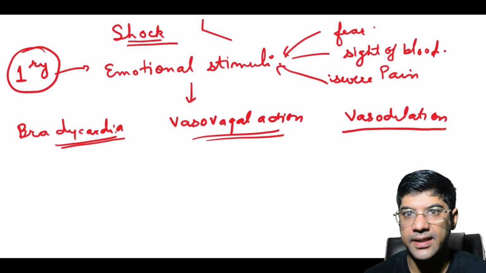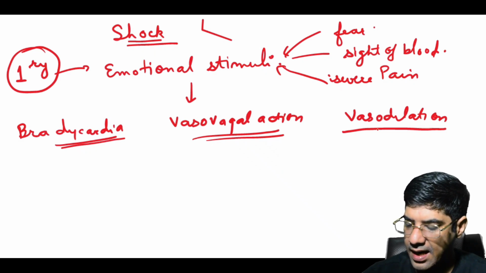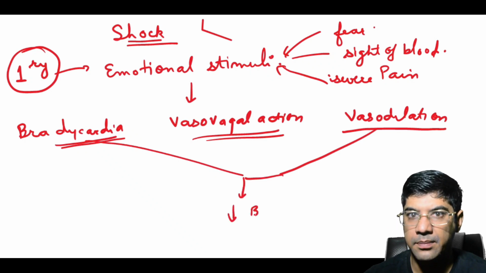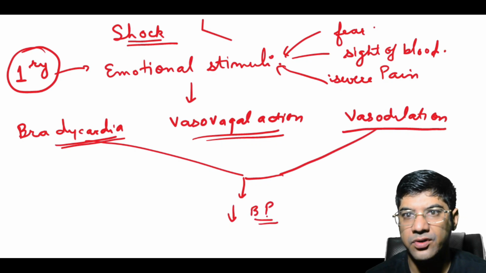So both the vasodilation and bradycardia together lead to a drop in the blood pressure. Because of this drop in blood pressure, the brain and other vital organs receive less blood flow, that causes symptoms like dizziness, faintness, and even brief loss of consciousness.